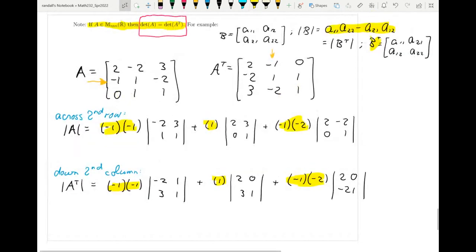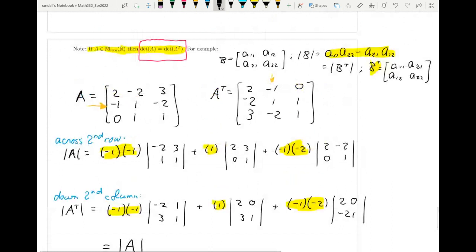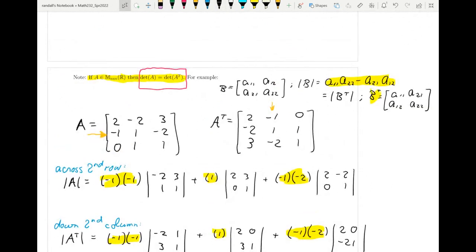But when you transpose a 2 by 2 matrix, you don't change the determinant. So we see here that the determinant of A transpose computed this way is giving me the same answer as the determinant of A. Okay, so this is illustrating this feature that the determinant of the transpose is the same as the determinant of the matrix.